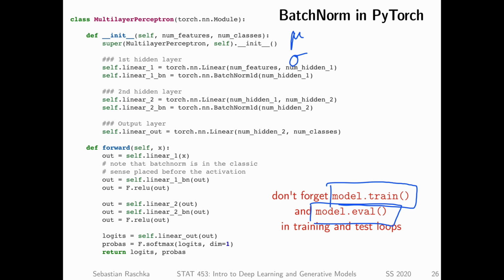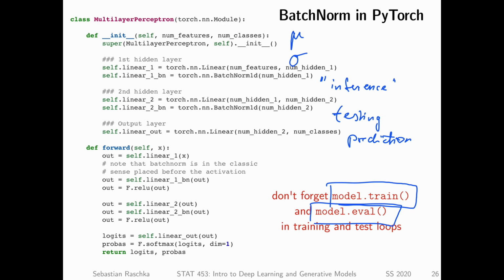In testing, or in inference, as we call it in deep learning, and I always put this in quotation marks because it's a little awkward term for referring to classification or testing, or just predictions. If I finished training and want to use my model for predictions, I may not have a mini batch, right?